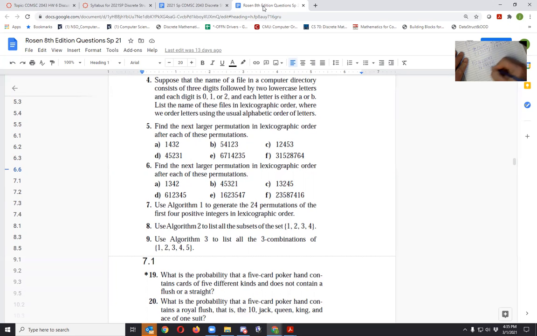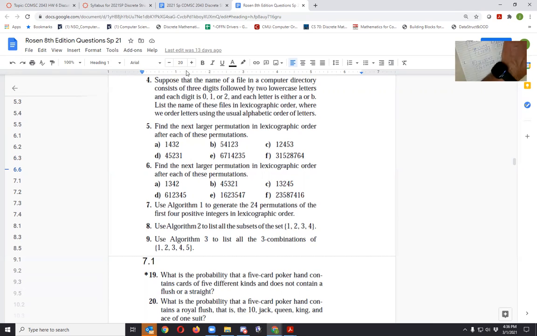We can just switch the last two. And then 2, 3, 5, 8, 7, 4, 1, 6. 2, 3, 5, 8, 7, 4, 6, 1. So just switch the last two. And that's for part F.